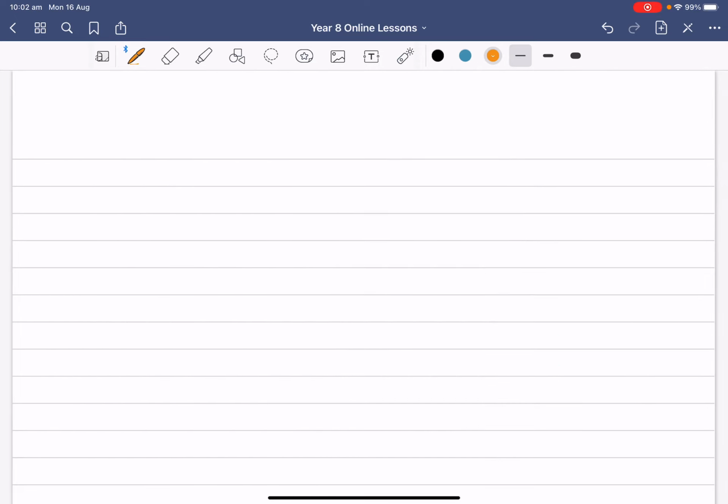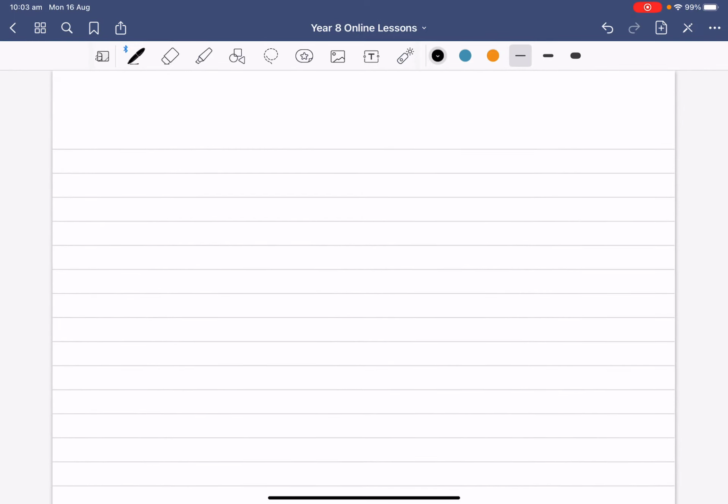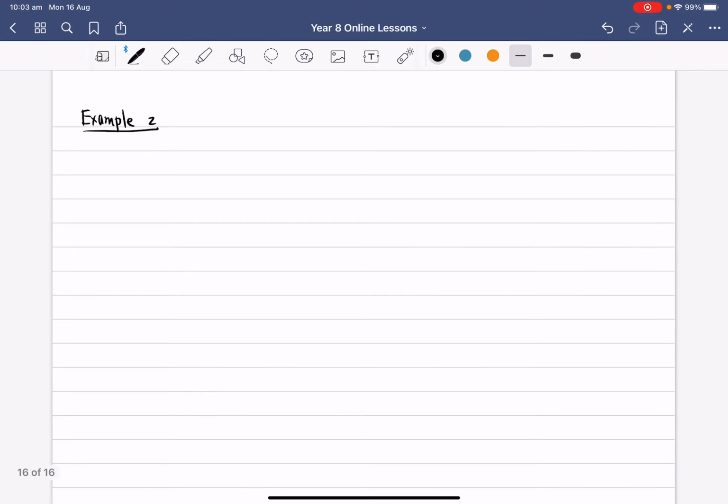Now the second type of question is where you need to actually draw a diagram. I will write this one down. Example 2. The second type of question is where you have a diagram. They give you a diagram with a shape, a solid. It can be something like this, any random solid. They also give you the points, so you will understand what the points are.